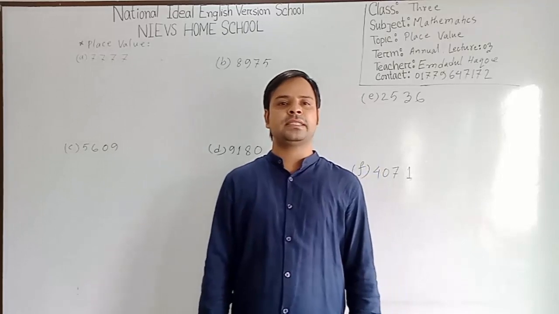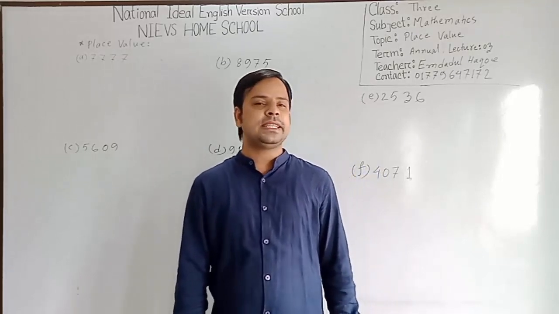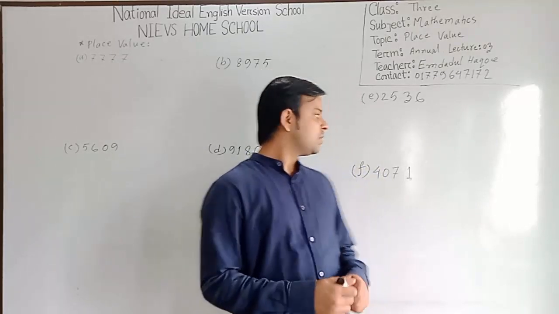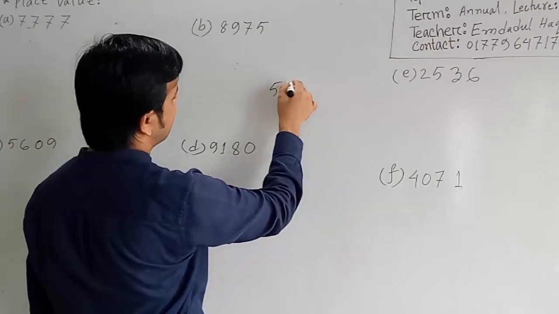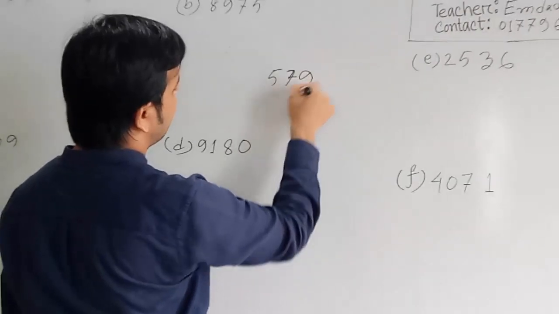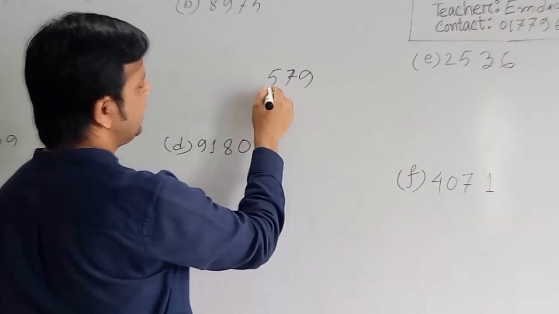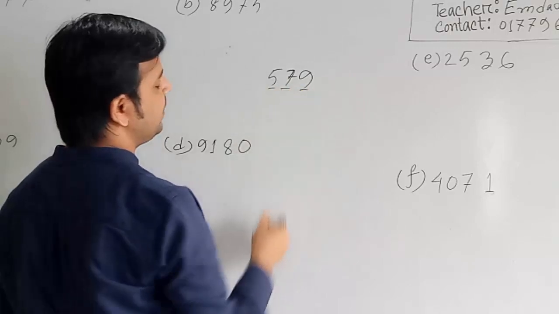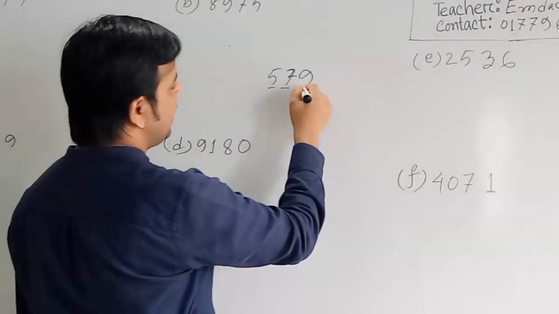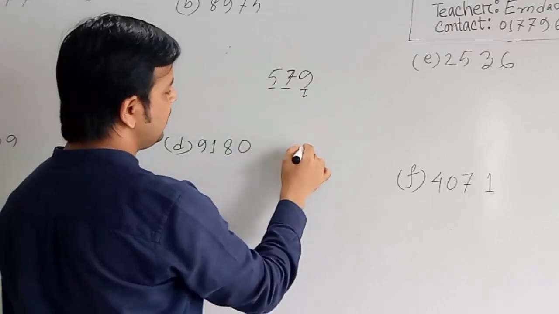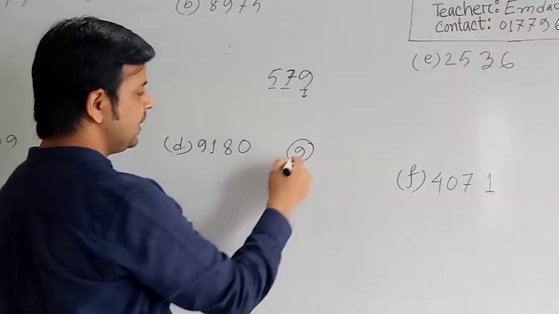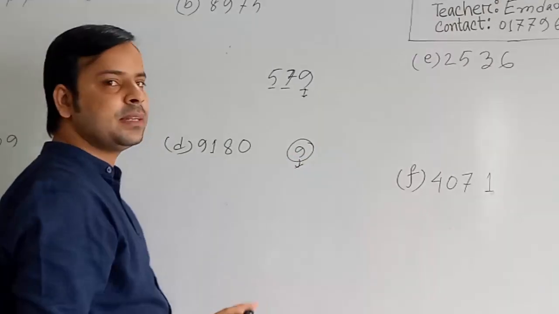Dear students, every digit has two types of value. Suppose I am writing a number here. The number is 5, 7, 9. Three digits here. If I say what is the value of 9, it means only 9 items or 9 things.